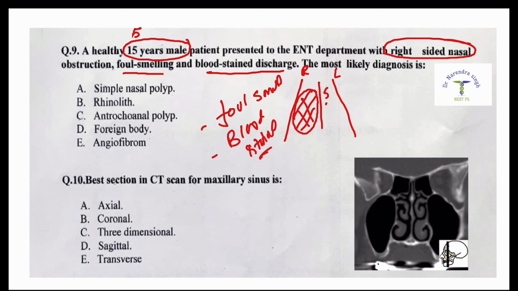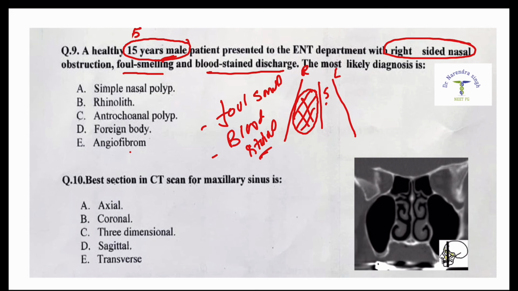In the case of option E, angiofibroma, two things qualify it as the correct answer: one is the 15-year male, and second is the adolescent age group and the male sex. We know that angiofibroma is commonly found in adolescent males.